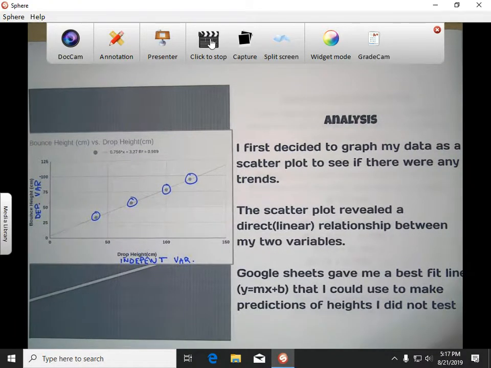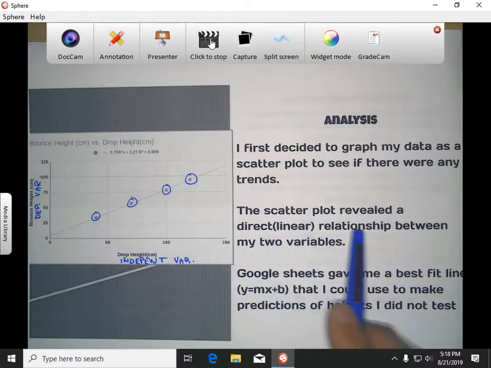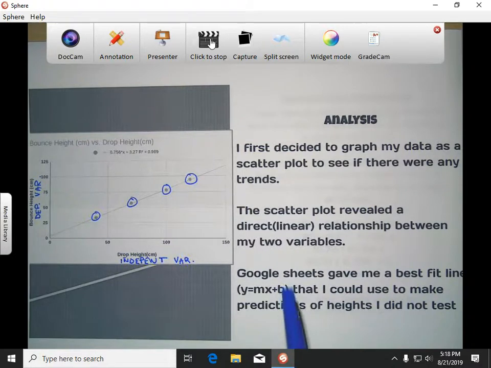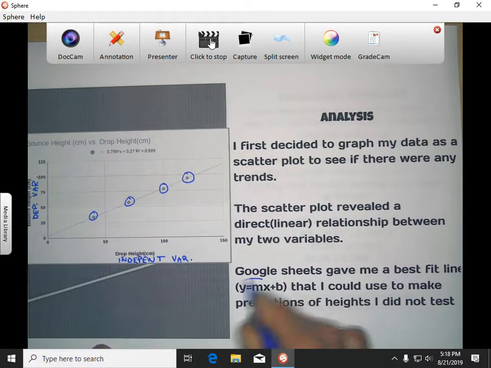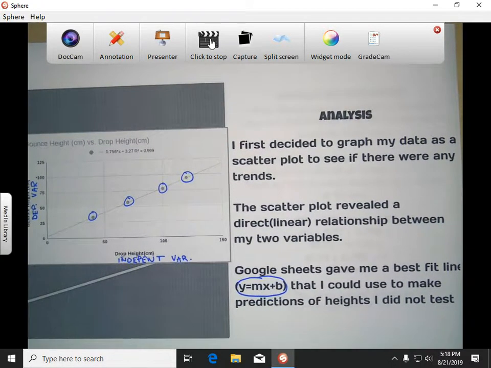So the fact that we have a linear graph, a line-shaped graph, means that we have a direct relationship between the two variables. A direct relationship. And I usually can use some type of a program to figure out the equation of the best fit line. And I hope you guys recognize that formula from math class.